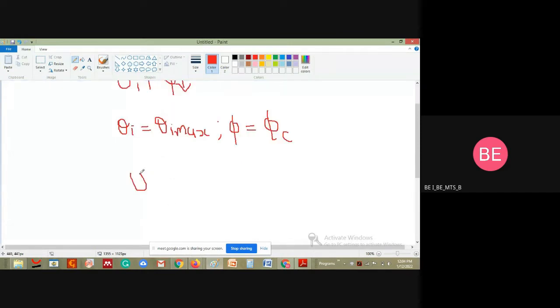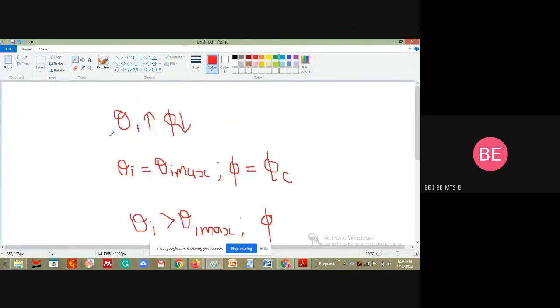And if you increase the value of theta I to be greater than theta I max, what happens to phi? When theta I goes beyond theta I max, phi will be, yes? See, the relation between theta I and phi is when theta I increases, phi decreases.